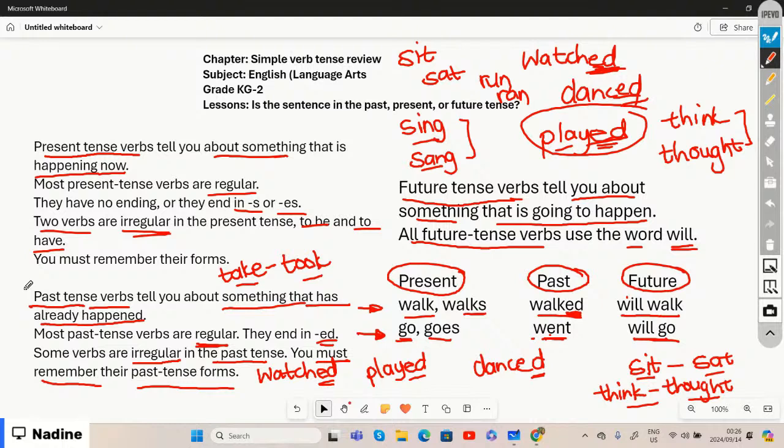So will walk, will go, will sing, will think, will dance, will watch, will play. And we call these simple verb tenses. You have your present tense, your past tense, and your future tense. These are simple verb tenses.